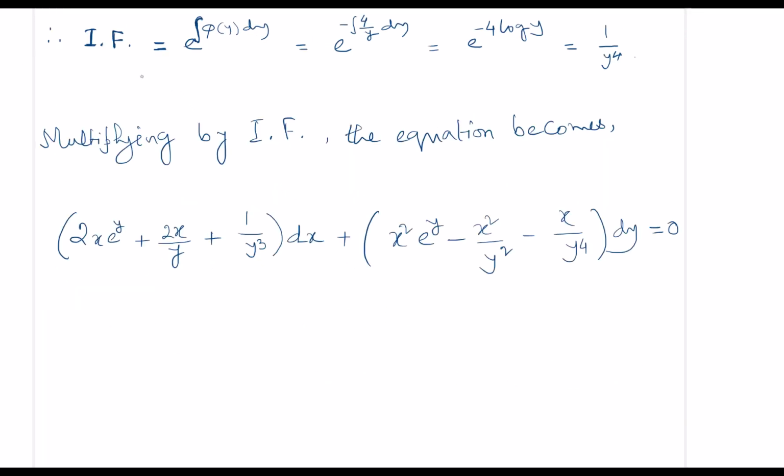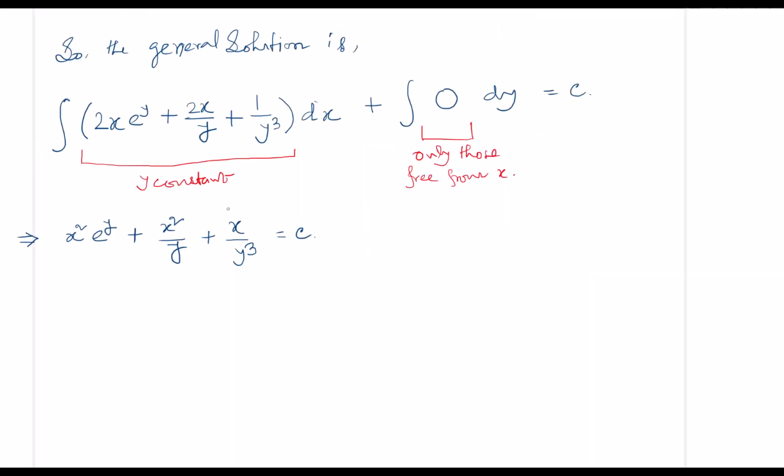So the integrating factor is equal to e to the power integration of phi(y) dy, that is equal to 1 by y to the power 4. If I multiply by this integrating factor, the equation becomes this, and that is an exact differential equation, and we know how to solve that exact differential equation. And we finally get the solution.